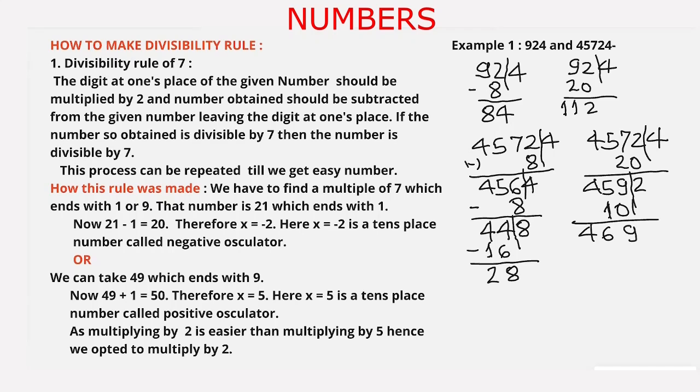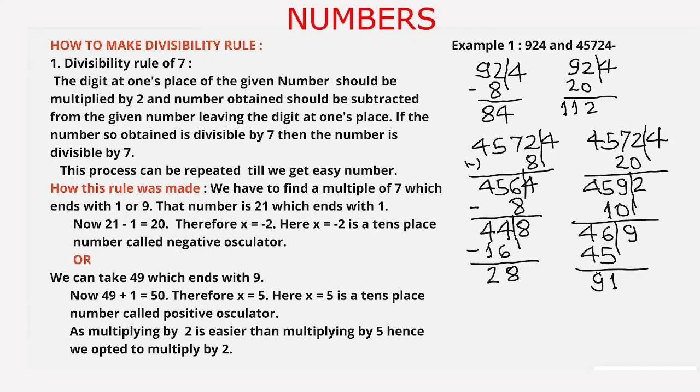Again this number is big number. So what we do, again we multiply 5 to the last digit, which is 9. 9 times 5 is 45 and we add 45. 46 plus 45 is 91. We know that 91 is divisible by 7 for 13 times.